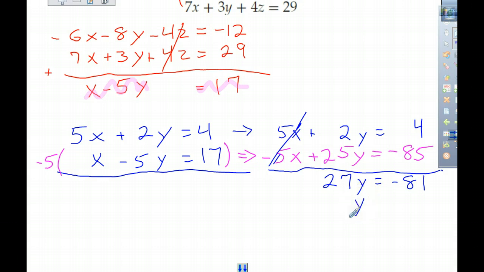So y equals negative. I do believe on these answers, let's just check back in the book, they do come out to nice small integers. Oh, fraction. Not first fraction.